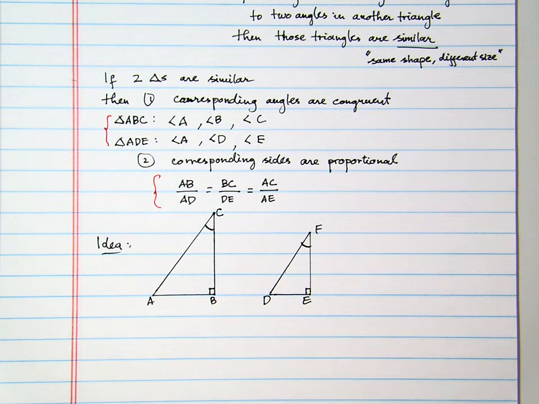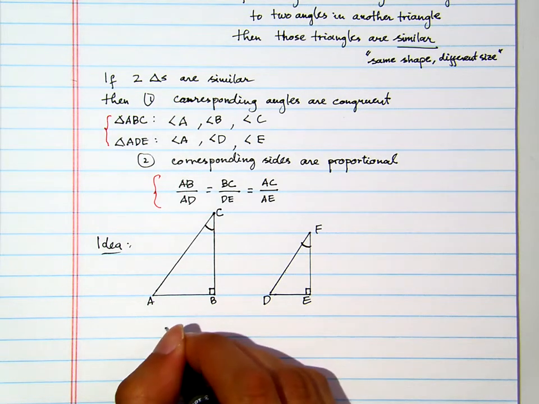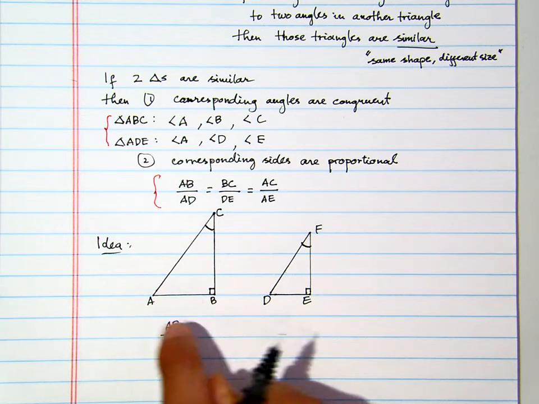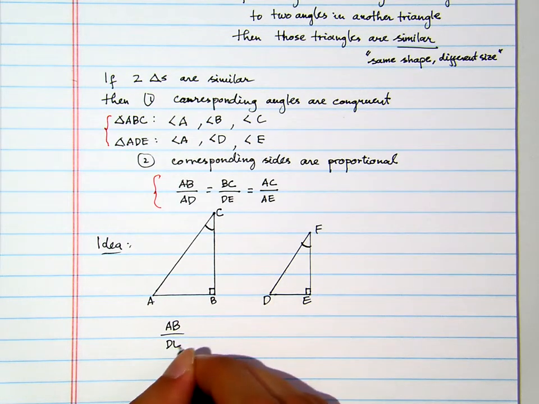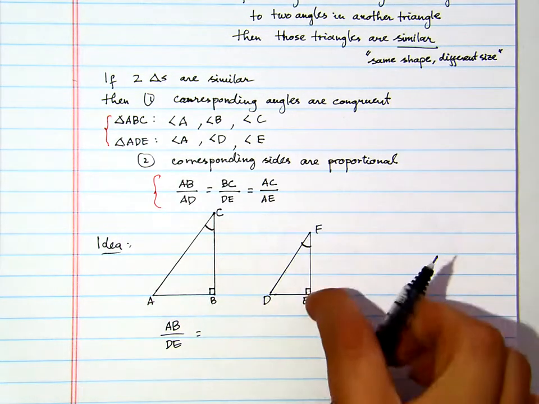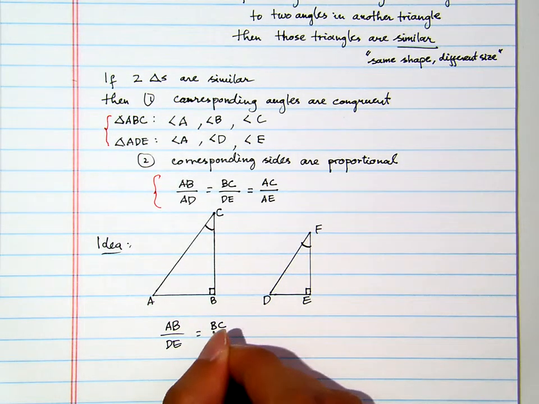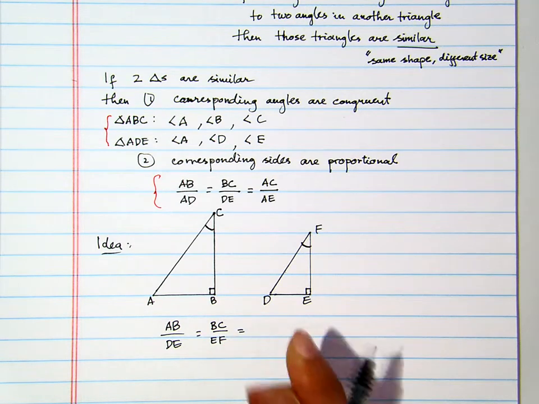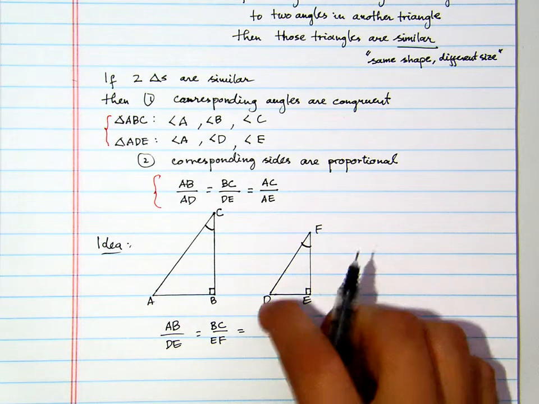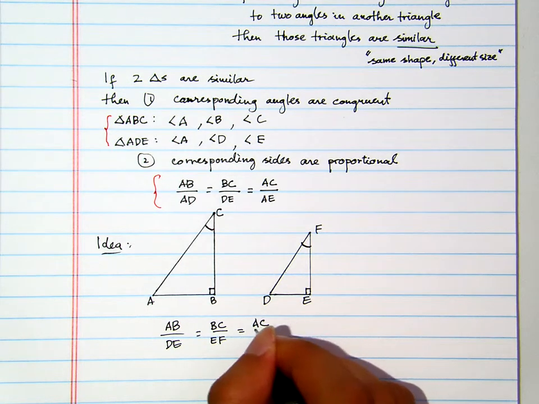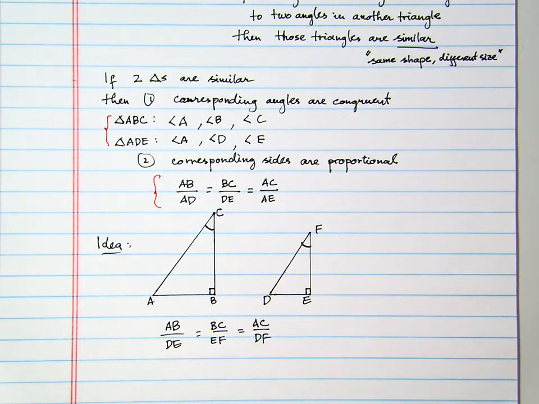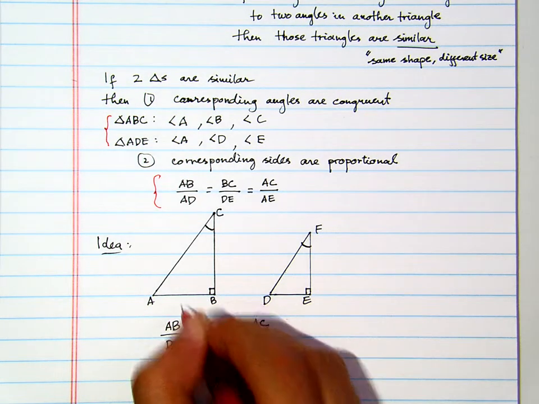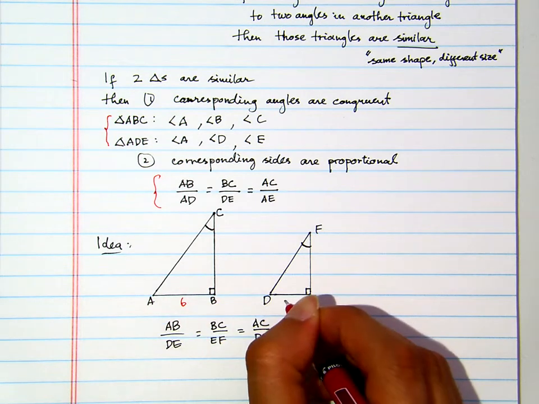Once they are similar triangles, the ratios of the corresponding sides are proportional. The length of AB to DE equals BC to EF, equals AC to DF. Just for fun, suppose this is 6 and this is 3.